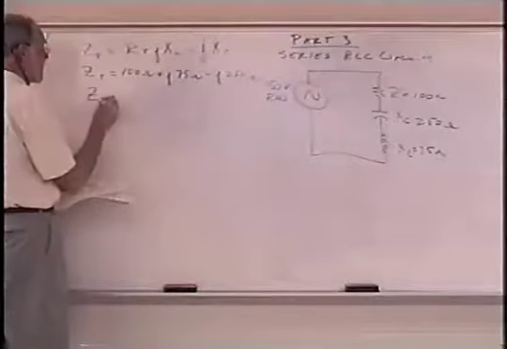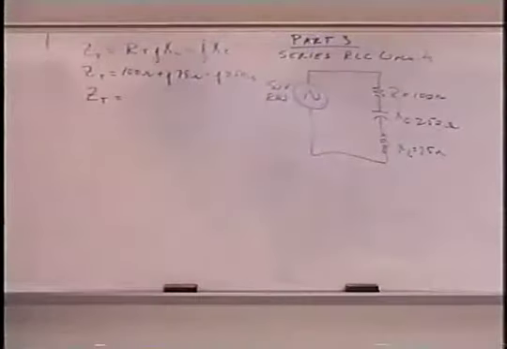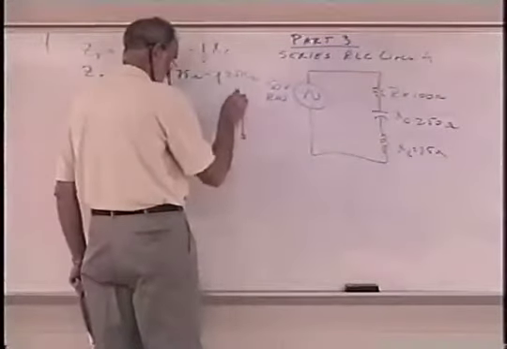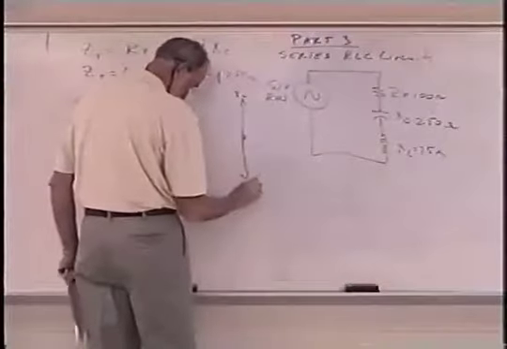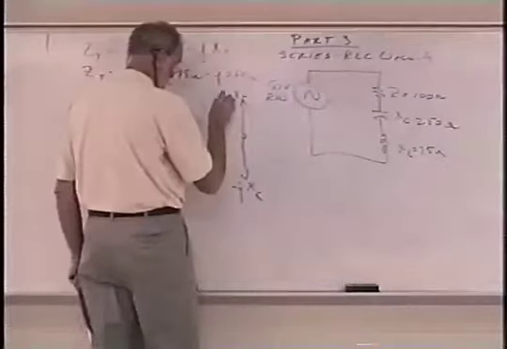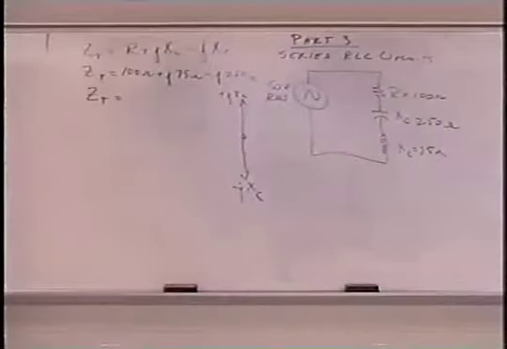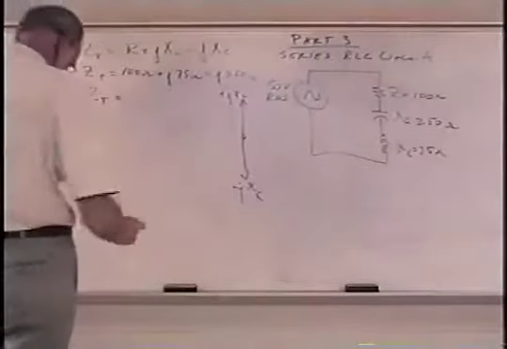Now we can simplify that further right off the bat, because we know that X sub L and X sub C are pointing in exactly opposite directions, and when it comes to adding vectors, if they're pointing in exactly opposite directions, we just take the difference and go with the largest one.